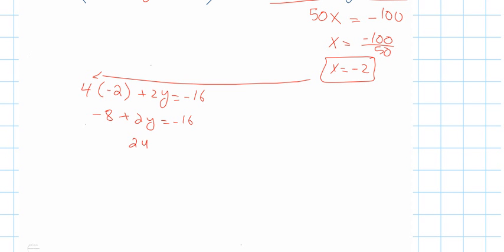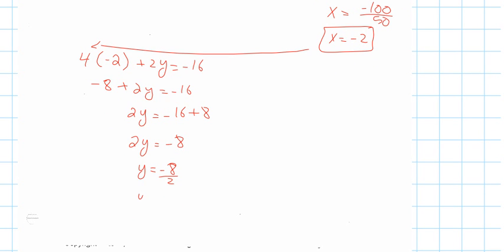It becomes a plus 8. So 2y equals negative 8. Divide by 2. So y equals negative 4. And my POI is x is negative 2 and y is negative 4.